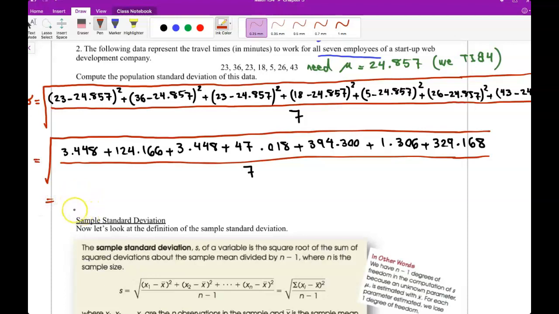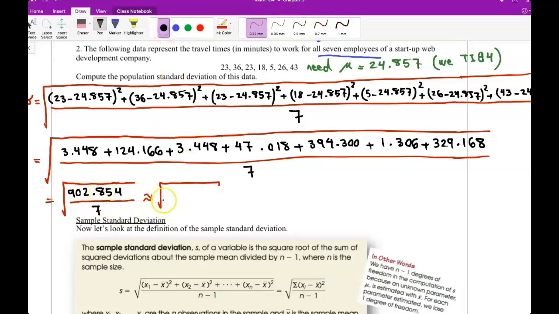Okay, so that is equal to, adding all these numbers on top, 902.854 divided by 7. So divide and then use the square root. First I'm dividing it and rounding the output.